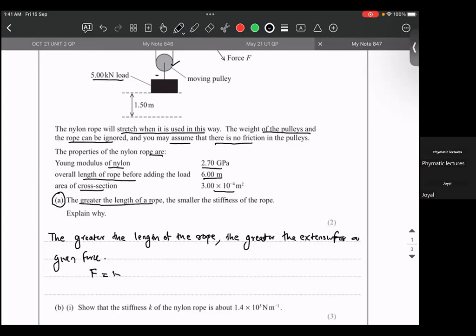F is equal to K delta X. So K is equal to F by delta X. So if delta X increases, K, the stiffness, decreases. So that is the idea for this lesson. Hope you got it.